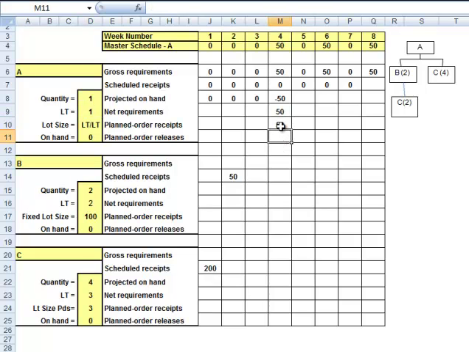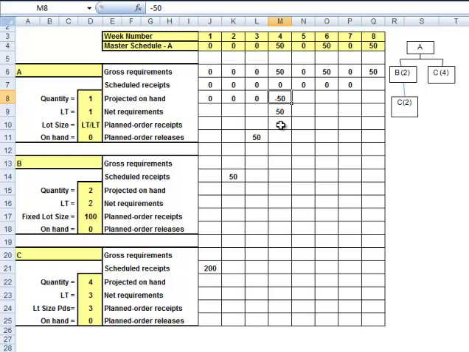So I'm going to backward schedule 1 time period, and that is going to mean that I have a 50 in time period 3. So again, those 50 are going to be released in time period 3. They're going to be completed in time period 4. That is going to cover the projected shortage that would have occurred in time period 4.